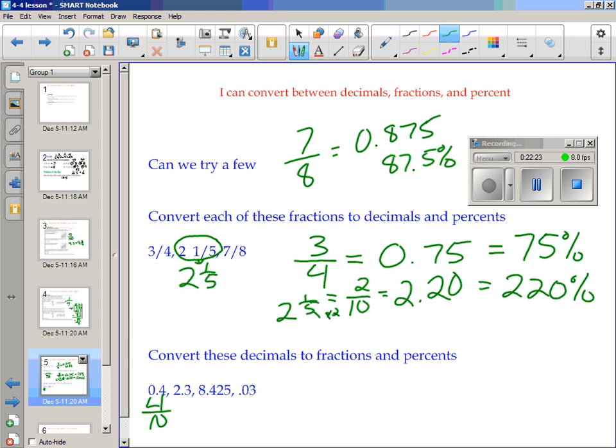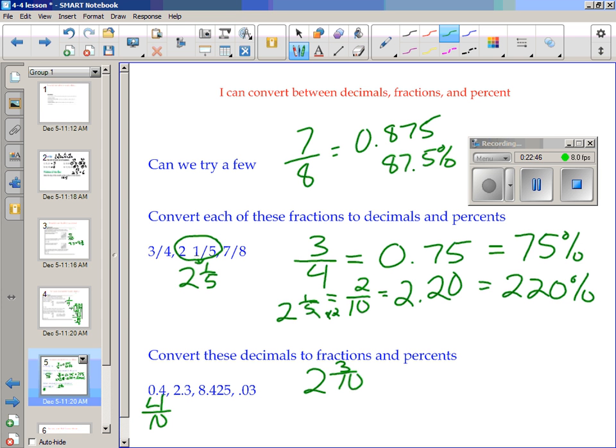Okay, 2.3. 2 3/10. It's 230%. Good job. What fraction is it? 2 3/10. Okay? Next, 842.5%. You're right. Good job.